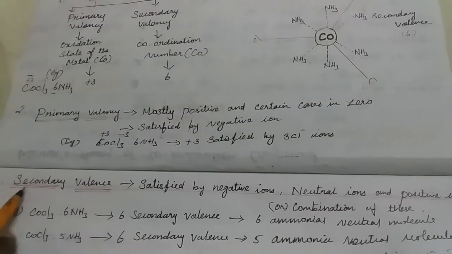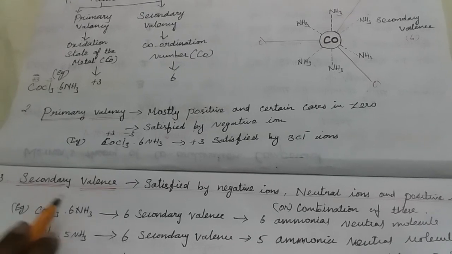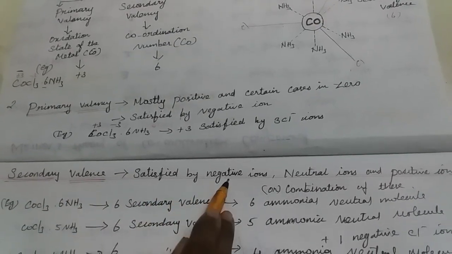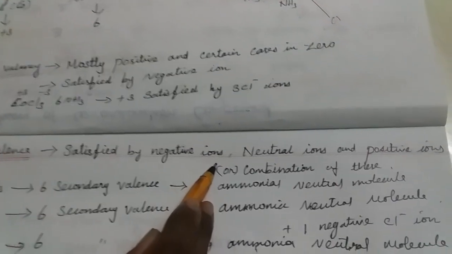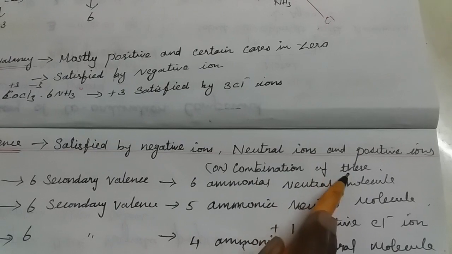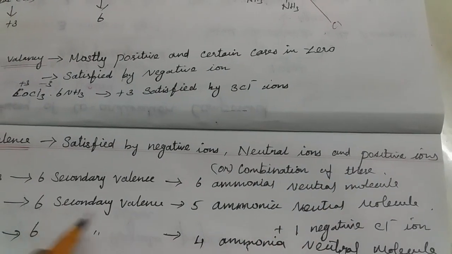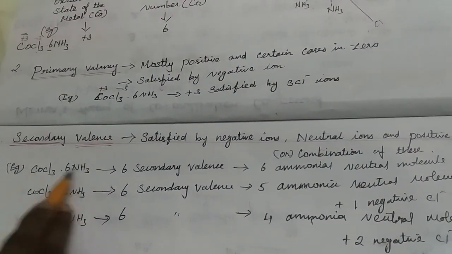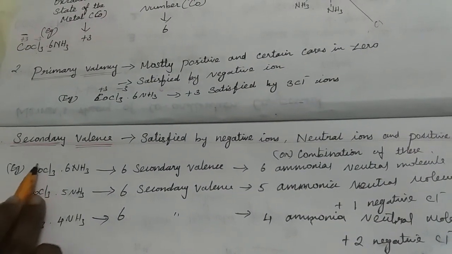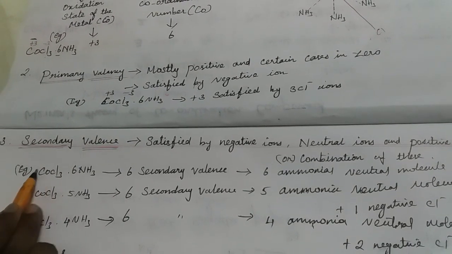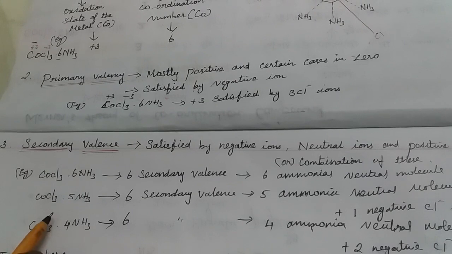Next, secondary valency. The secondary valency is satisfied by negative ions, neutral molecules, positive ions, or a combination of these. For example, in CoCl3·6NH3, the secondary valency of cobalt, not the primary valency, is 6.